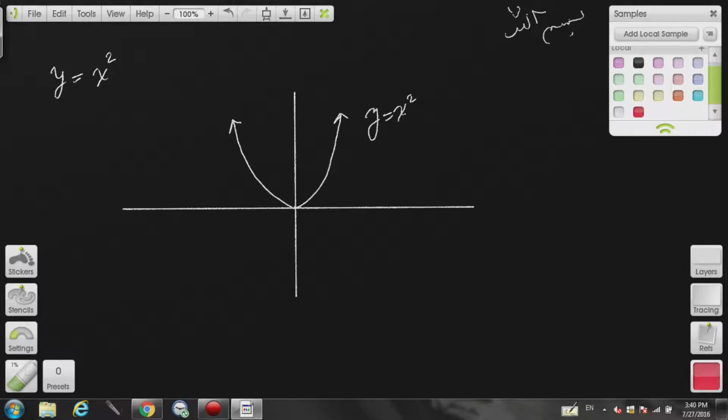Now, this point right here, the turning point, that point is called the vertex of the parabola. A vertex has an ordered pair. You can call it whatever you want. I actually call it Vx and Vy: the x coordinate of the vertex, the y coordinate of the vertex.